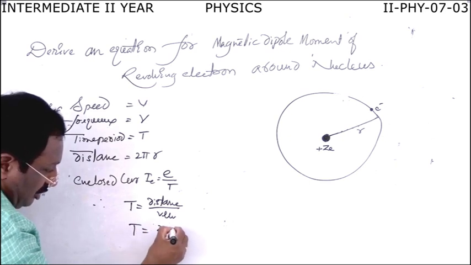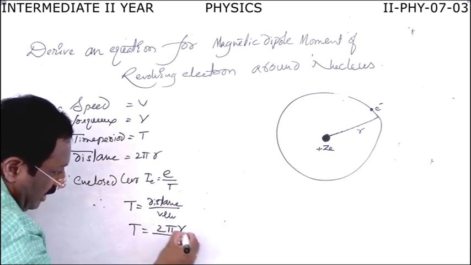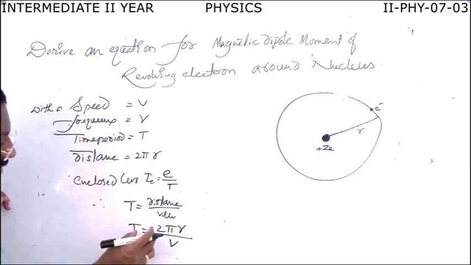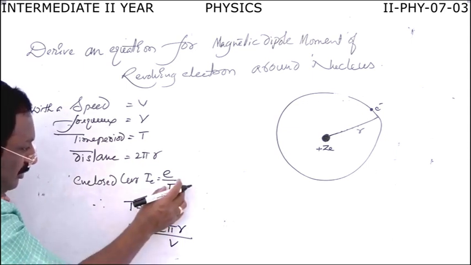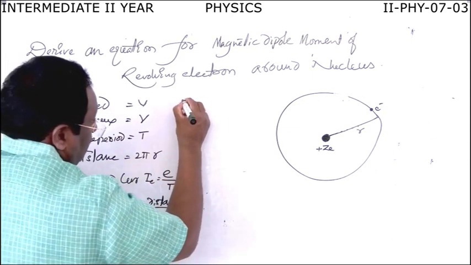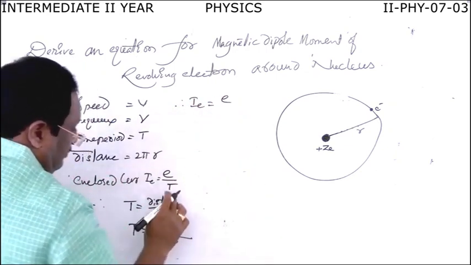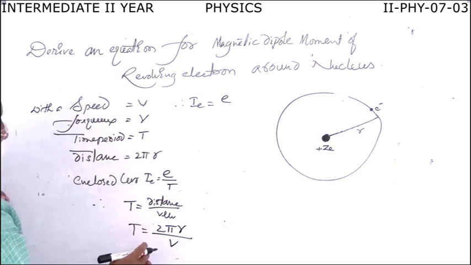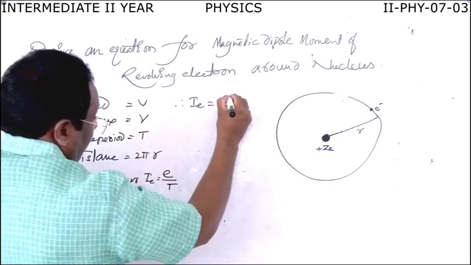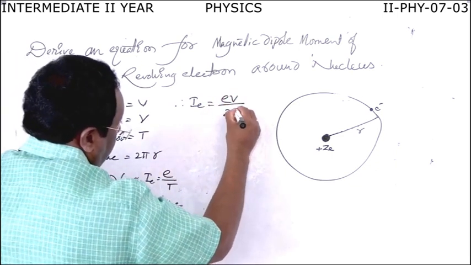So in every revolution, the distance covered by the electron is 2 pi r with velocity v. Now T is substituted in this equation. Therefore, the current is equal to ev by 2 pi r.